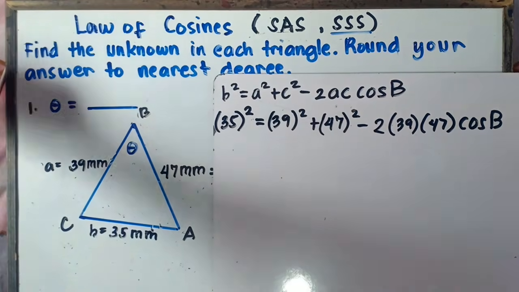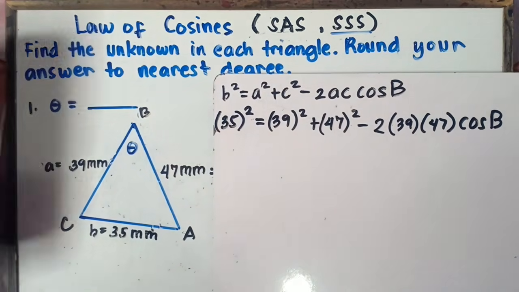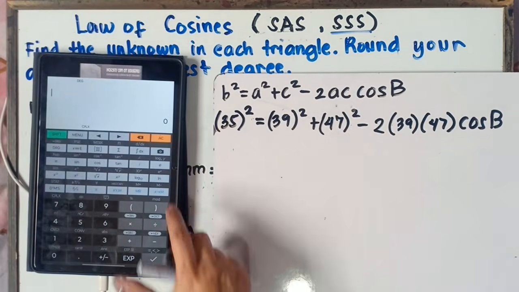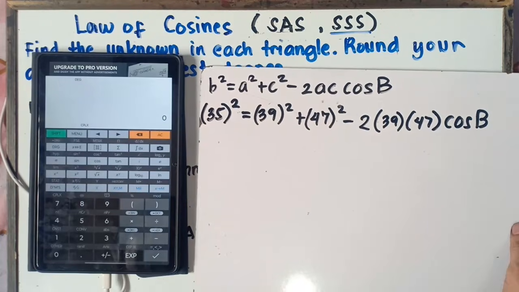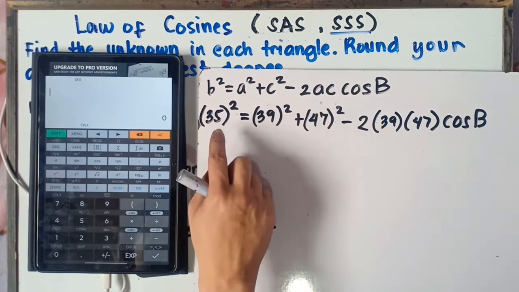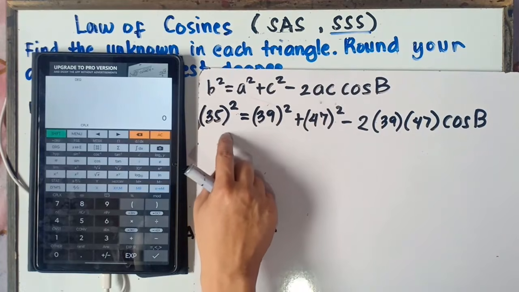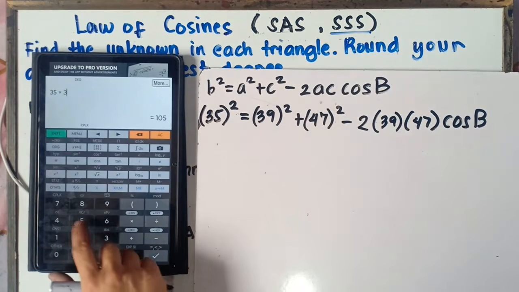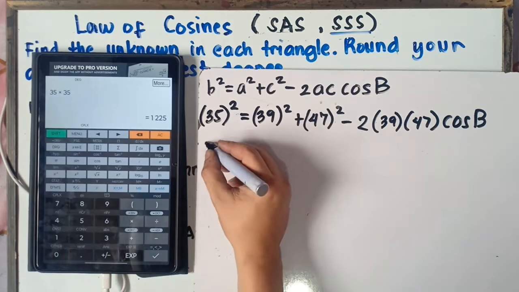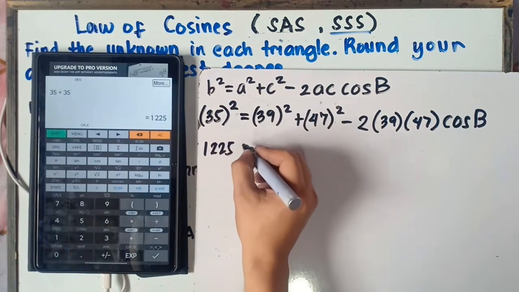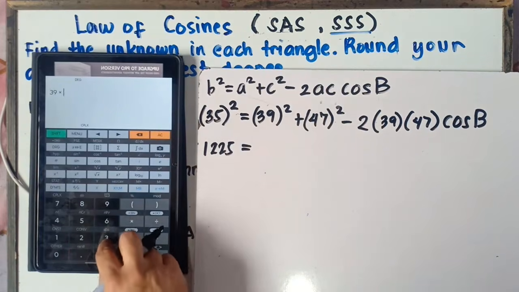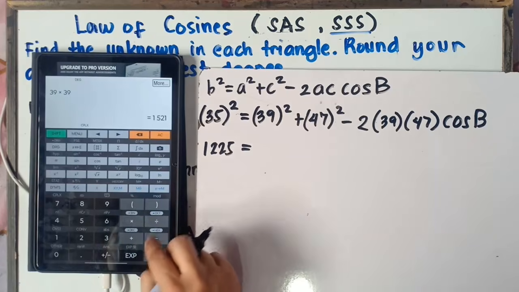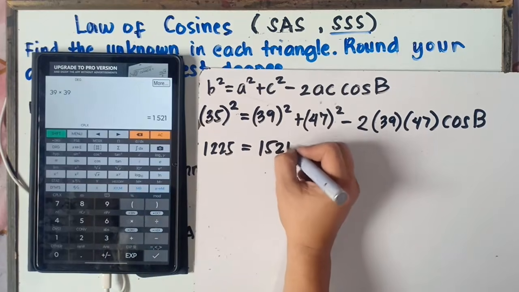Then simply use your calculator. Do it step by step. This will be 35 squared. Once again, it doesn't mean 35 times 2. It means you multiply 35 by itself, 35 times 35, which is 1,225. Then 39 times 39 is 1521.